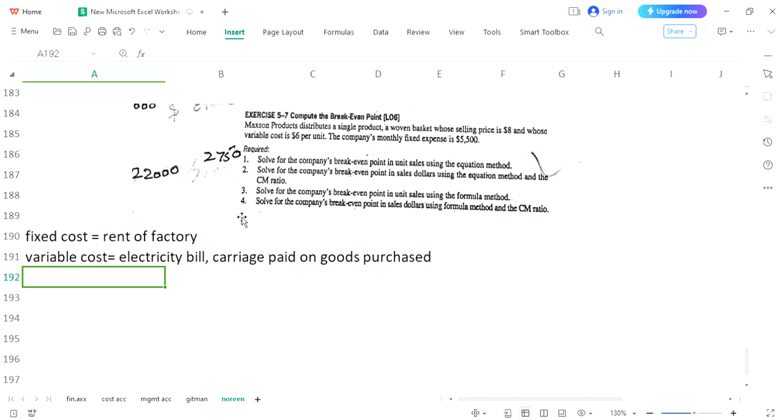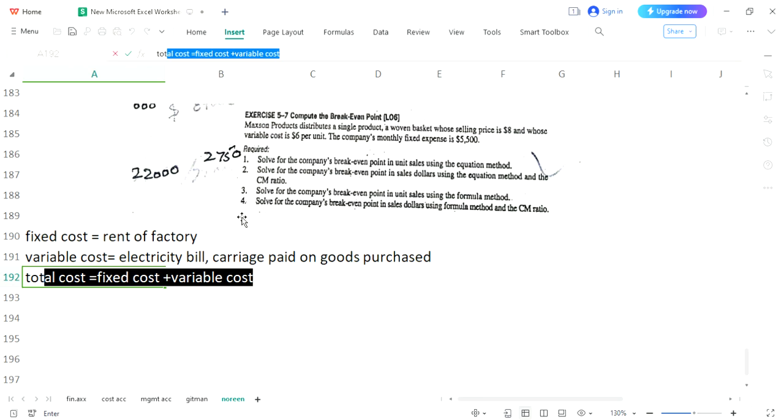Some of them we have mentioned over here. Carriage on goods purchase, why is it variable? Because if you will work more, that means production will be increased. By increasing your production, your carriage on goods purchase would also be increased, as you will be buying more. Then we have discussed total cost, which is the sum of fixed cost and variable cost.